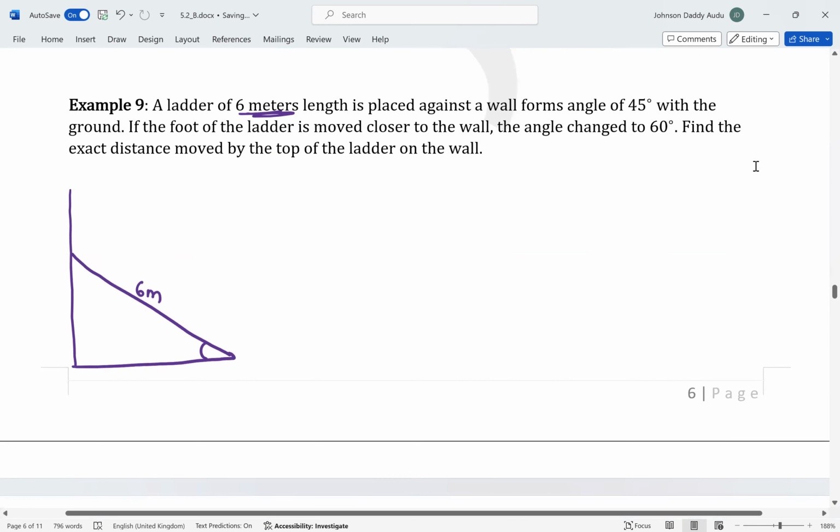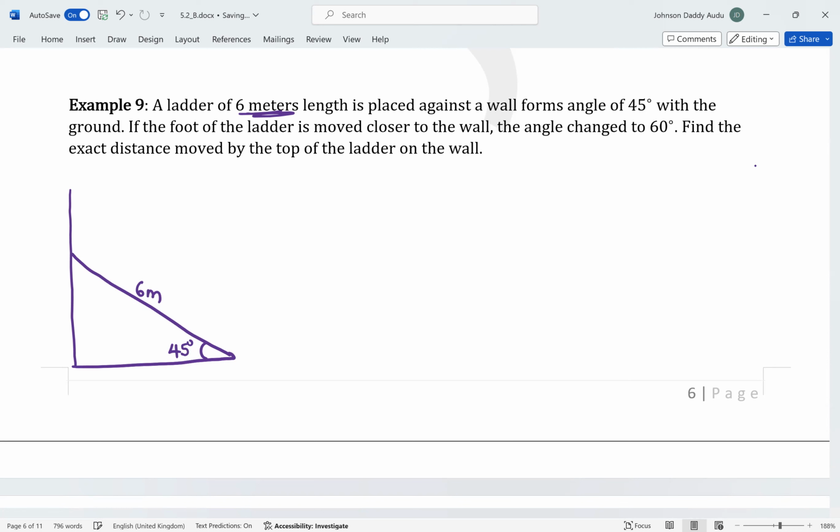This is the wall. We are not given the height of the wall. So this is the first statement: a ladder of 6 meters placed against a wall forms an angle of 45 degrees with the ground.